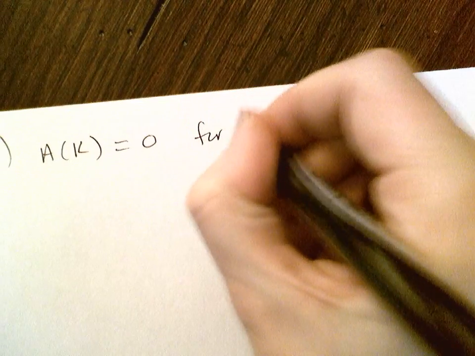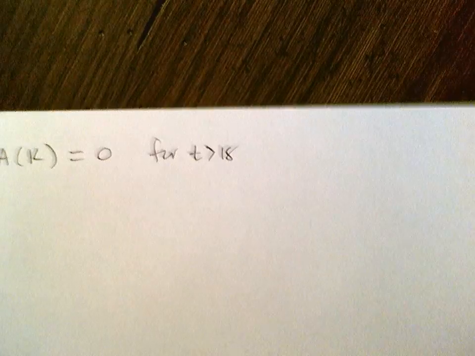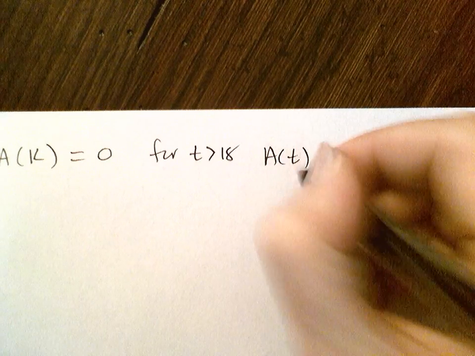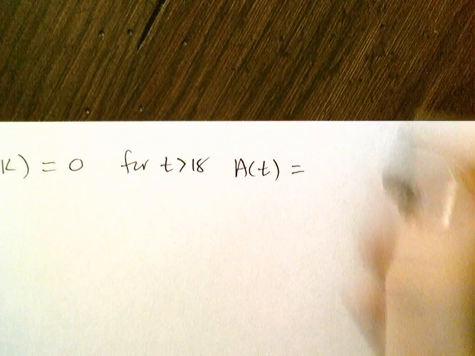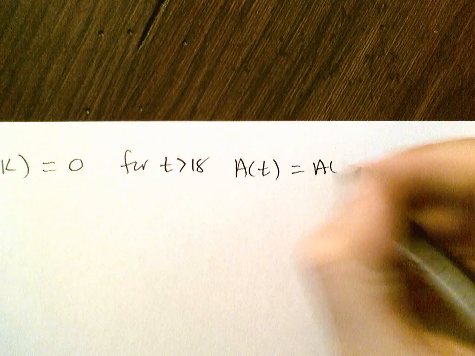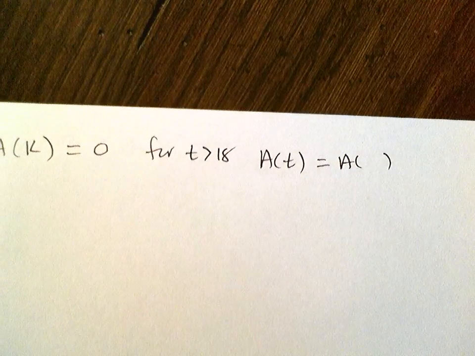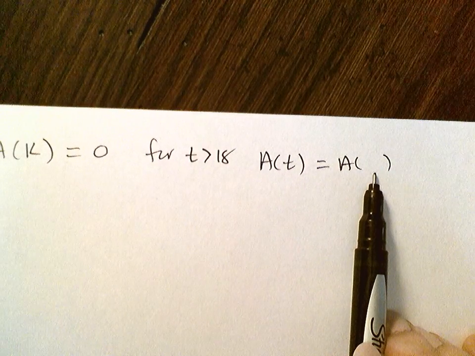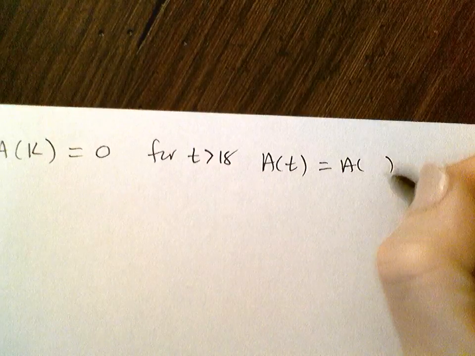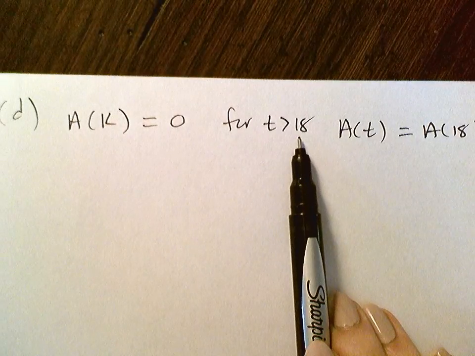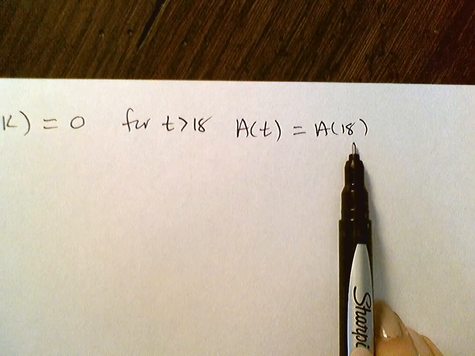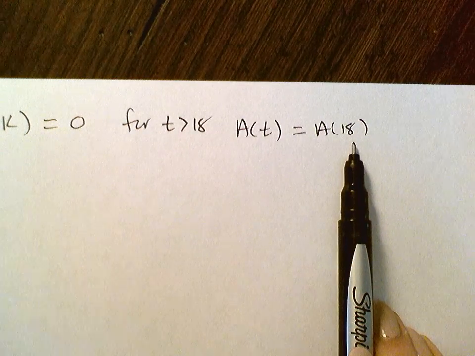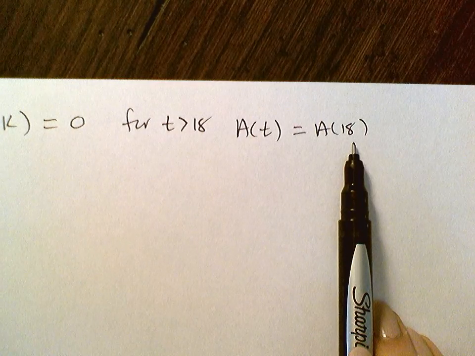For t greater than 18, I'm still using the antiderivative with an integral formula, but I'll have A of t equals A of, do I know the starting amount? I want the amount at time 18. Even though t is for values greater than 18, it would be the amount of water at time 18. That would be the amount of water I'm starting with on this interval.